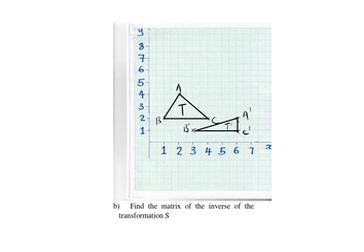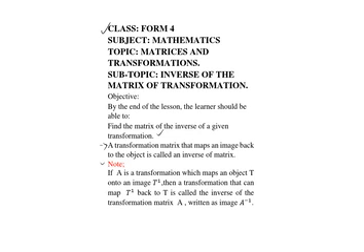In question B, we are told to find the matrix of the inverse of the transformation S. So from definition, we said that if A is a transformation which maps an object T onto the image T prime, then a transformation that maps T prime back to T is called the inverse.